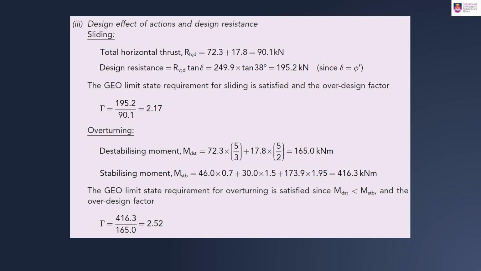And then check on overturning. The destabilizing moment is equal to 165 kilonewton meter. The stabilizing moment is equal to 416.3 kilonewton meter. So we see that the stabilizing moment is larger than the destabilizing moment, and the design factor is equal to 2.52.